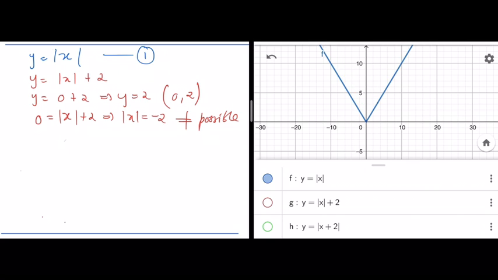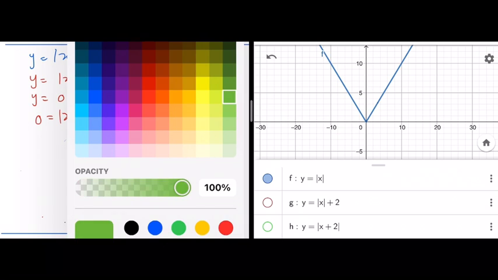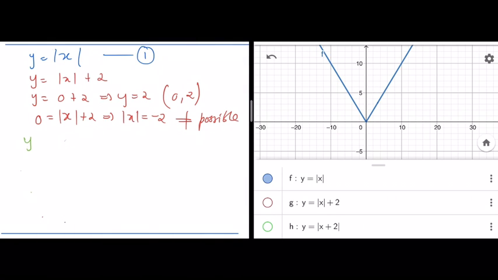Trying to plot the below graph, where y is equal to mod of x plus 2, where 2 is inside the mod function. Now here what will happen? If I take x is equal to 0, y will be equal to mod of 2.